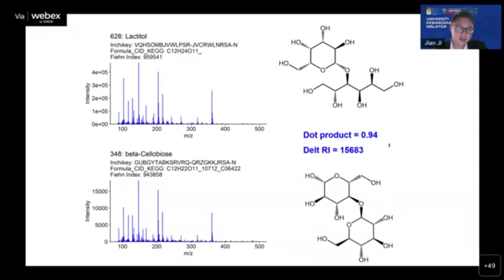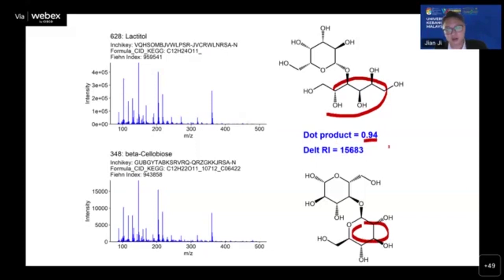The second match is beta-cellobiose, which is different from lactitol. Like here, it's kind of a chain, and in beta-cellobiose, it's kind of a ring. So the structure is totally different, but the spectrum is pretty similar. The dot product result is 0.97.